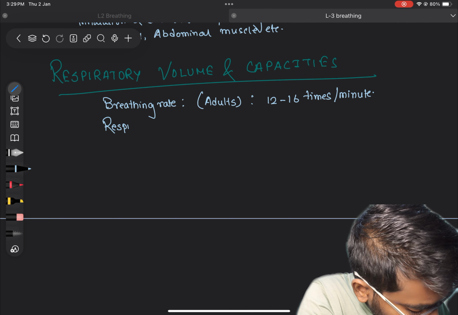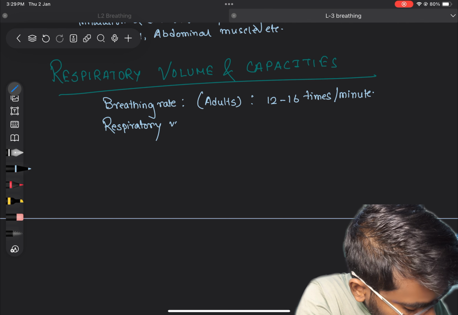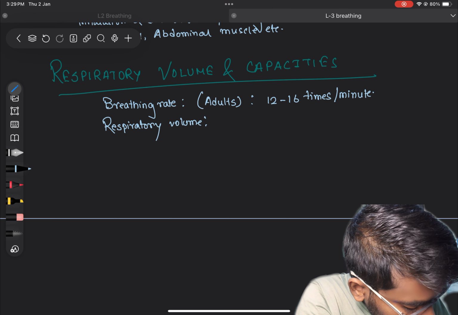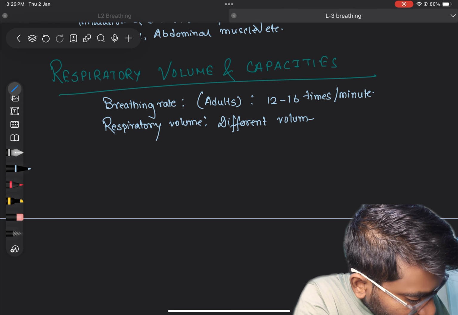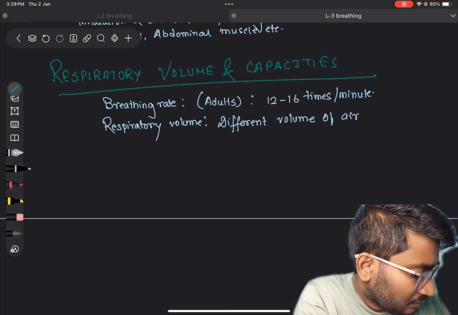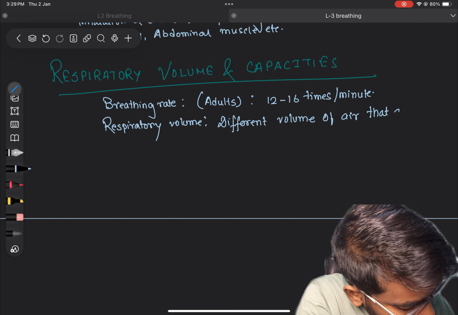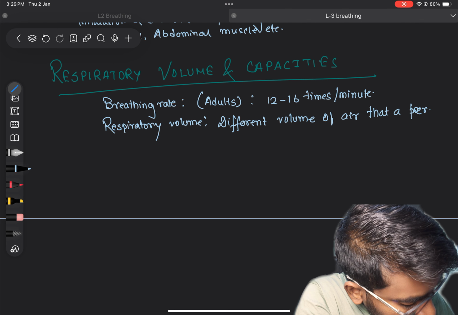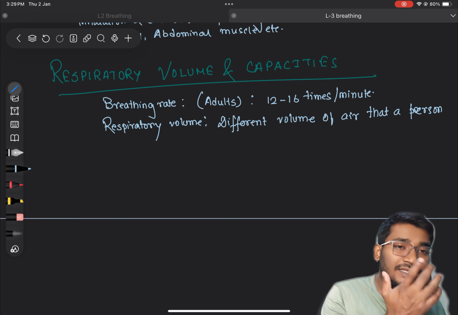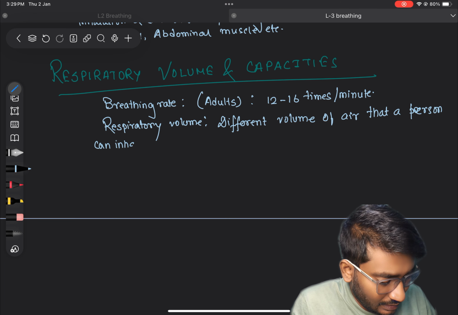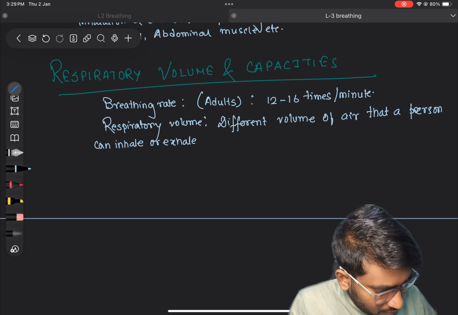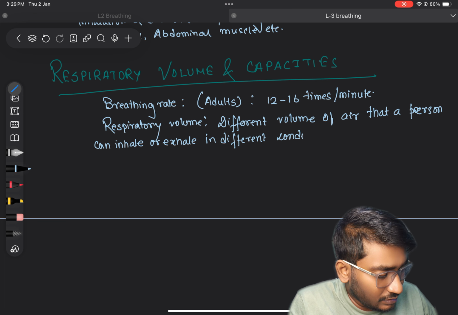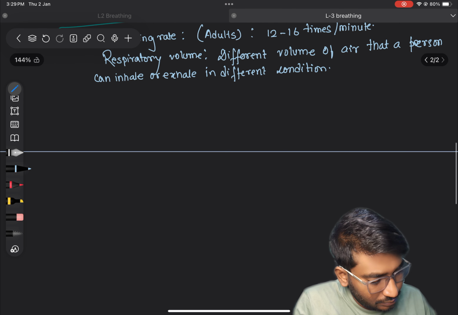Respiratory volume means the different volumes of air that a person can inhale or exhale in different conditions.